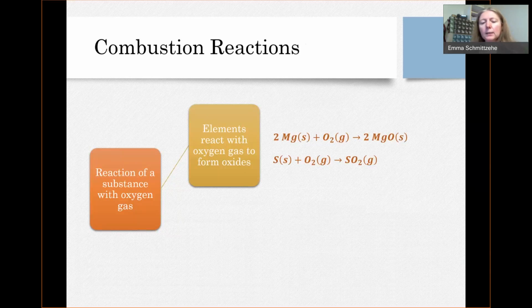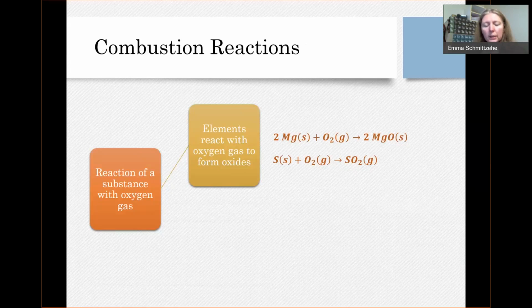And then let's see, we can have nonmetals react with oxygen gas, and that would form a covalent compound. So, for instance, sulfur could react with oxygen gas, forming sulfur dioxide. But you have to be a little careful with the nonmetals reacting with oxygen gas because it's possible that you have multiple reactions that could occur.